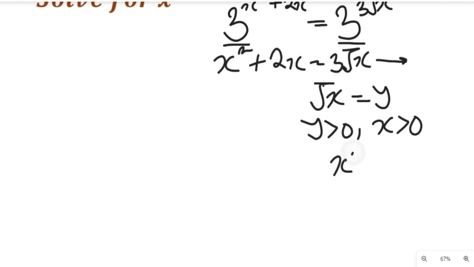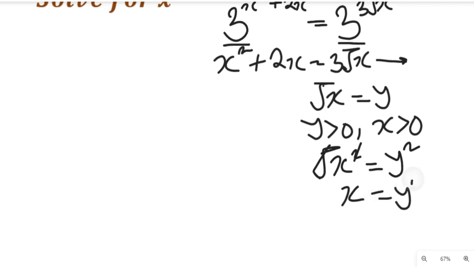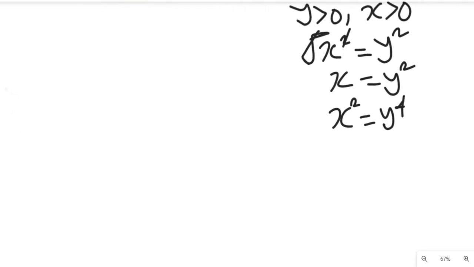This will give us x equal to y squared. If x is equal to y squared, that simply tells us that x squared will be equal to y to the power of 4.